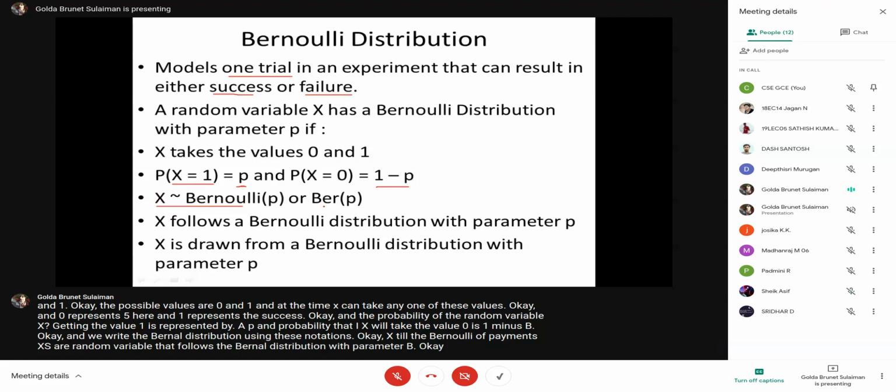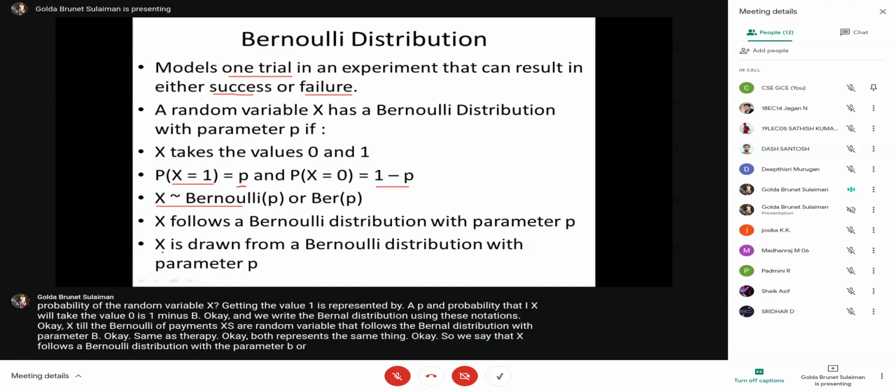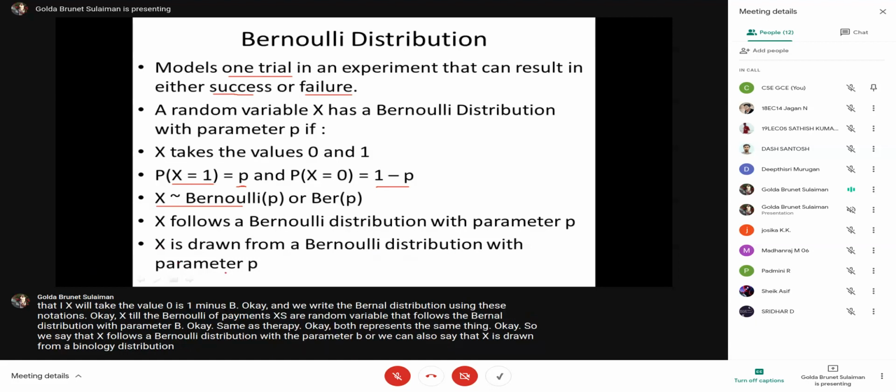Same as Ber(p). Both represent the same thing. So we say that x follows a Bernoulli distribution with the parameter p, or we can also say that x is drawn from a Bernoulli distribution with a parameter p.